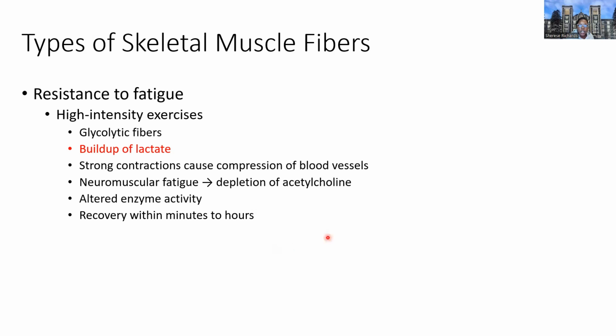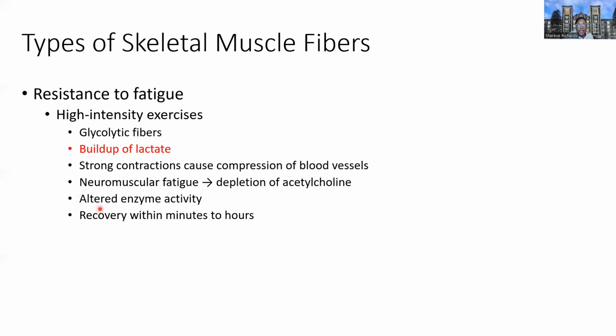We also see depletion of the neuromuscular vesicles. So the vesicles at the neuromuscular junction, which are storing acetylcholine. The more that we have these really strong contractions, which require a lot of these neurotransmitters, the more we can deplete these neurotransmitters at the neuromuscular junction, and that can also contribute to fatigue.